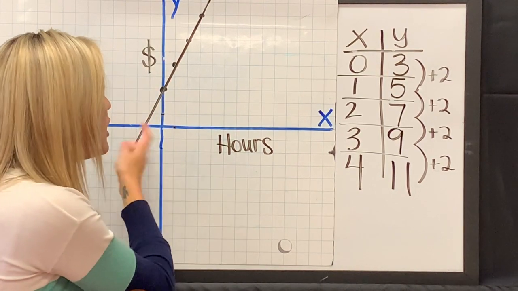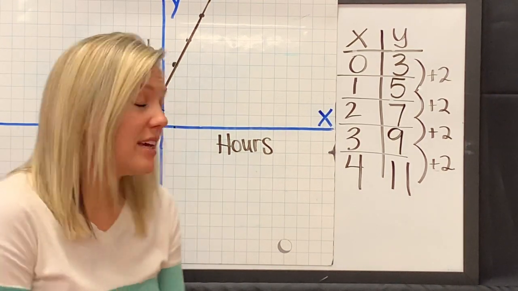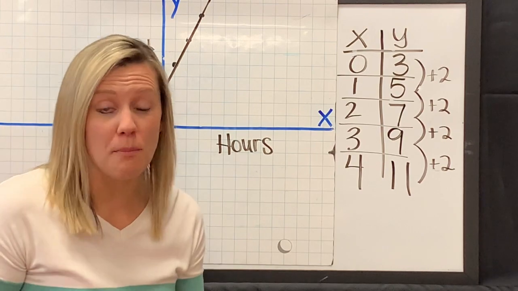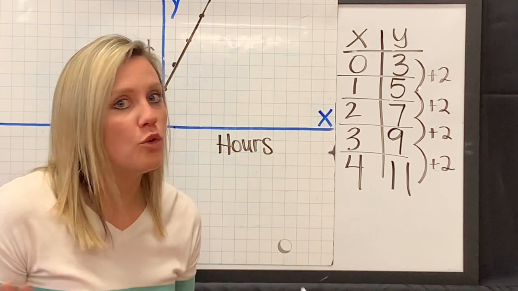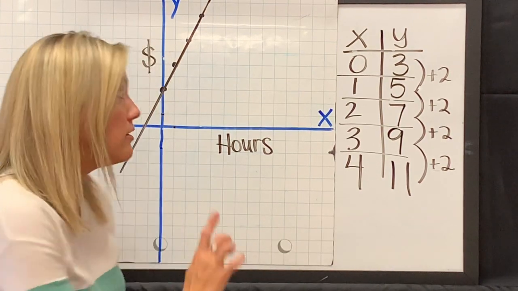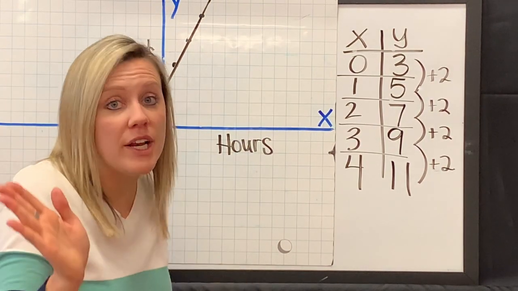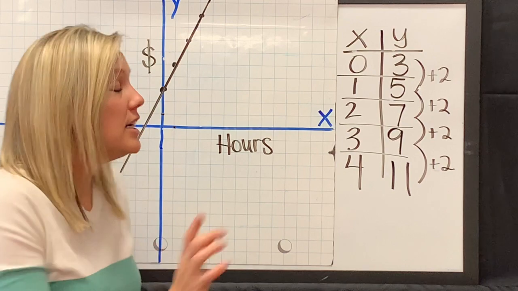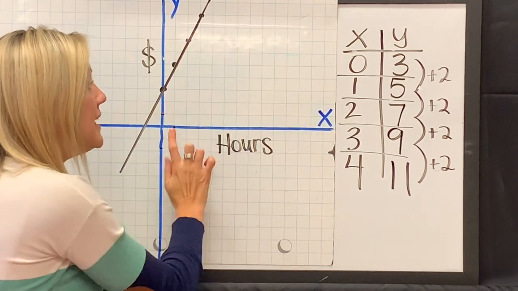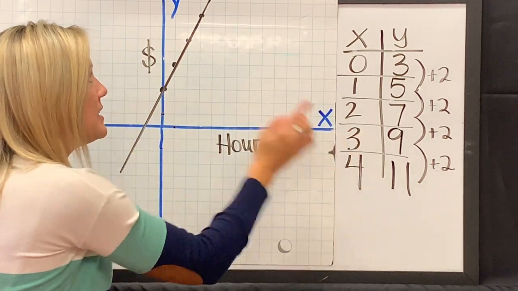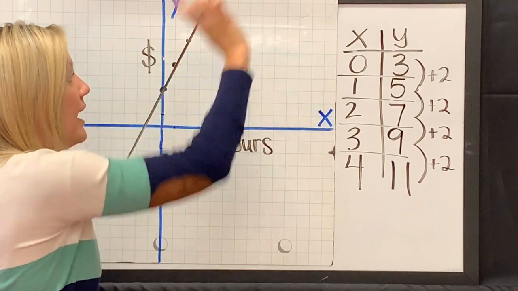Now, we are not going to go negative into our hours, and we're not going to go in debt with our money, but I just solely wanted to show you the way that a line is usually graphed. Usually, it will go on and on in both directions. So this line moving up means the more hours that I babysit, the more money I'm going to have.